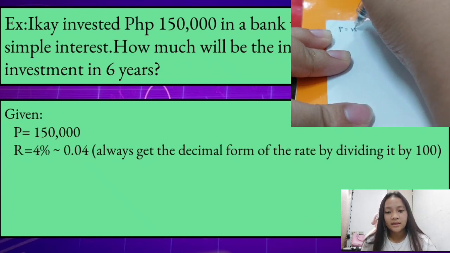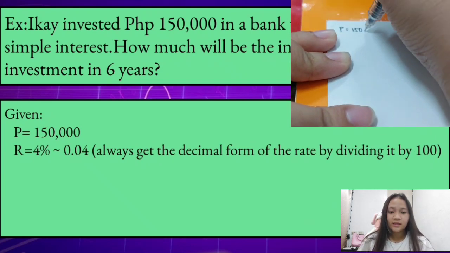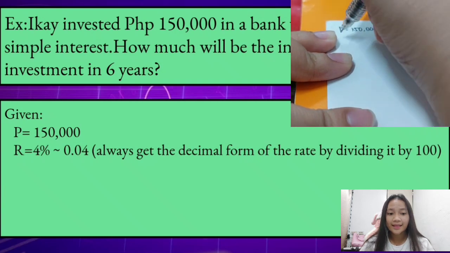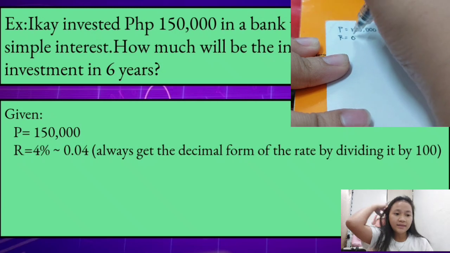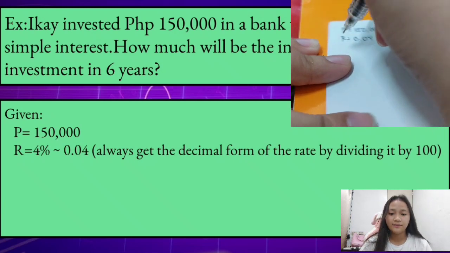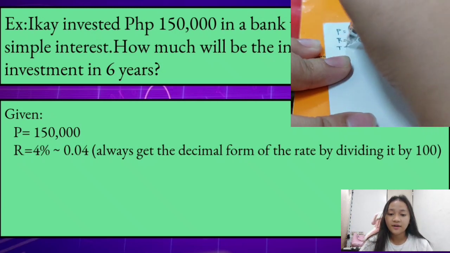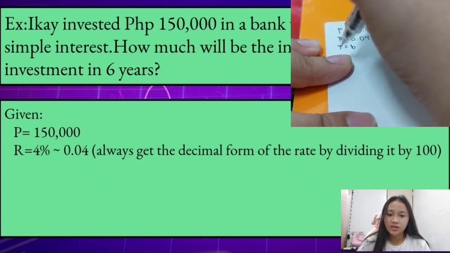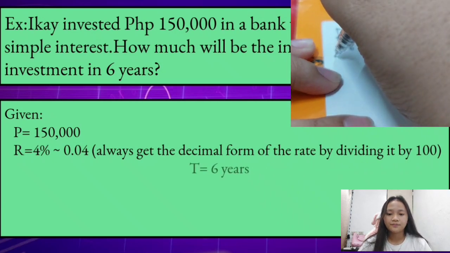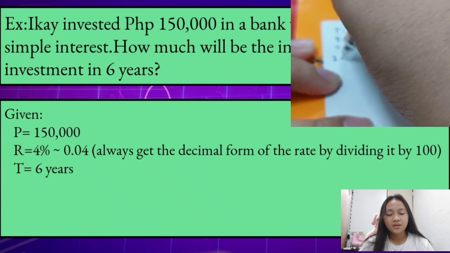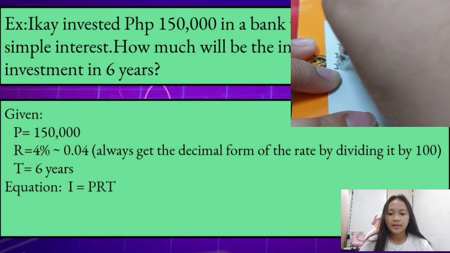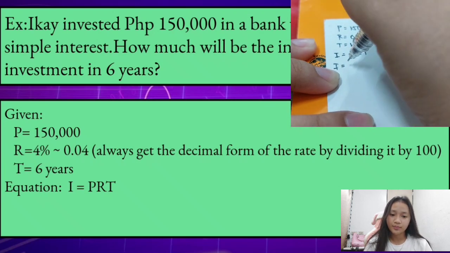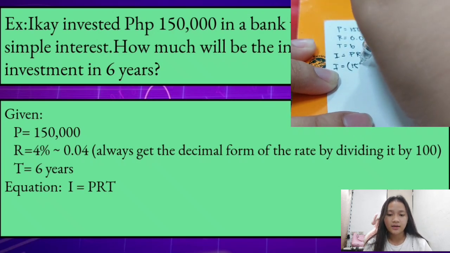But for the 4%, you need to get the decimal form of the rate by dividing it by 100. So 4 divided by 100 is equal to 0.04. The time is equal to 6 years. And the equation is I is equal to PRT.